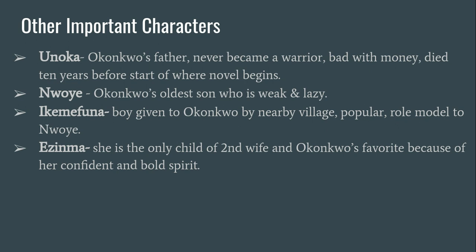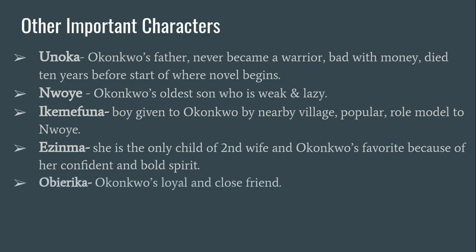He is the closest thing that he can have to a son other than his own. But Ezinma is one that he shares a lot of secrets and talks with, and he confides in her a lot, looks up to her, and honors and cherishes her a lot. I don't want to talk too much about her because there are things that happen that I've got to build up that suspense, I guess.